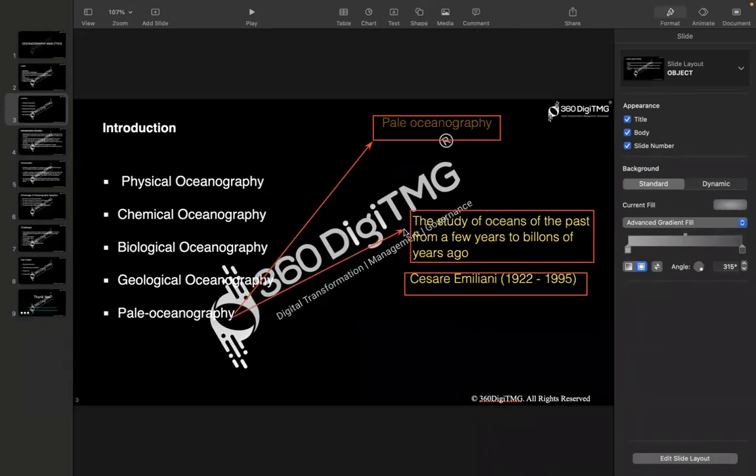So let me keep this arrow so you can understand what we are discussing. It will be helpful. So the most commonly used proxy is deep sea temperature.